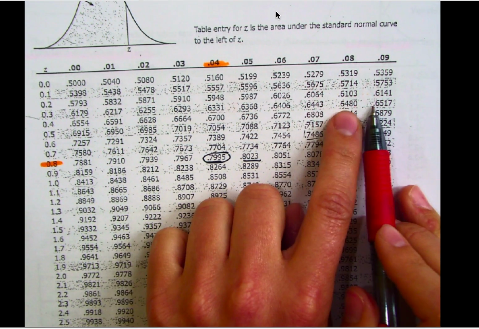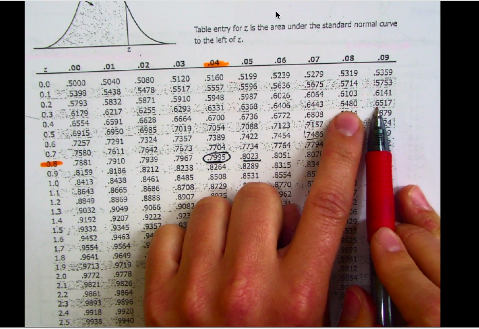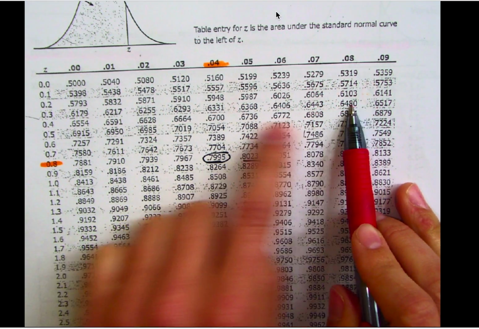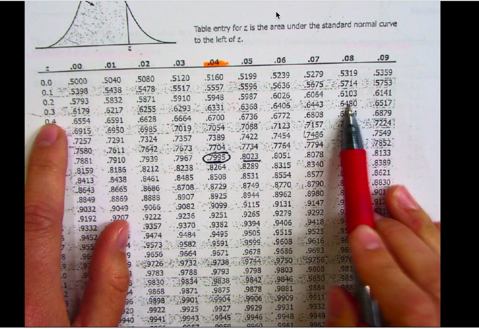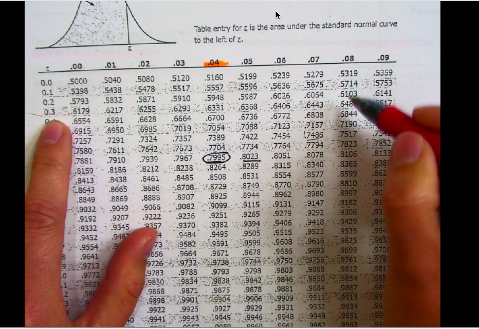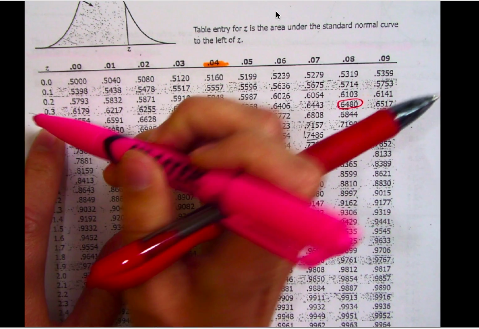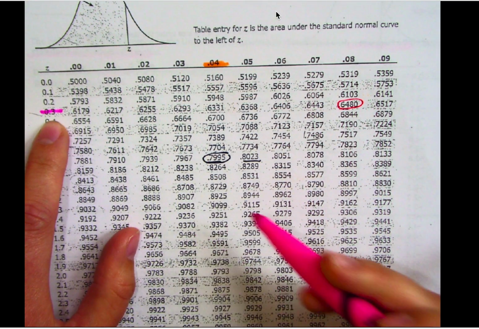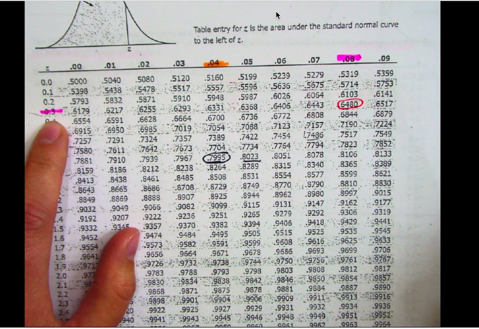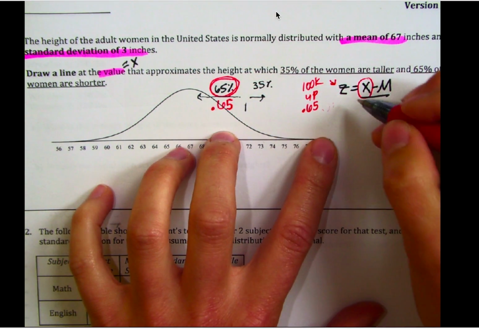So we're looking for which value is closer. I'm going to say this one's closer. Well, either one works. I'm going to use this one. So that's going to be a Z-score of 0.38. Okay, so we looked that up. We got our Z-score of 0.38.